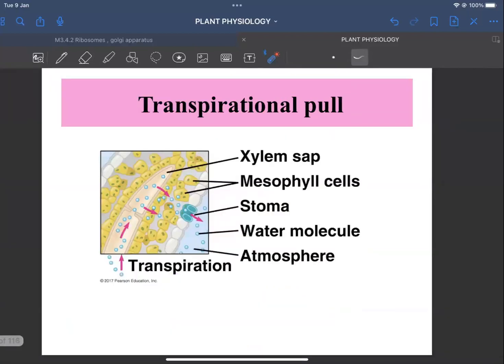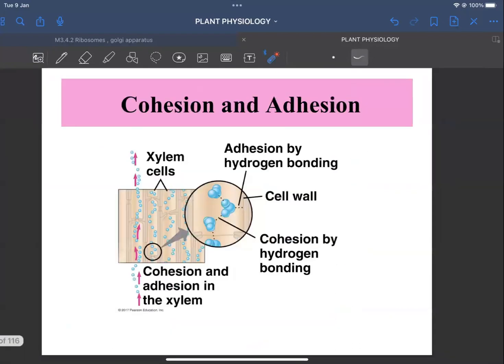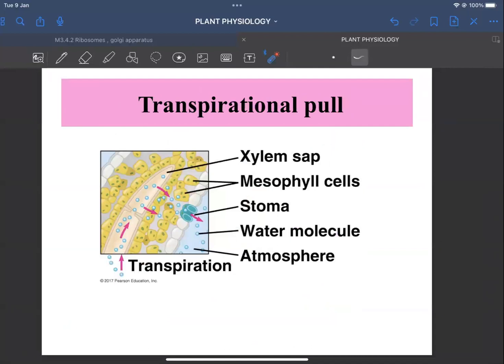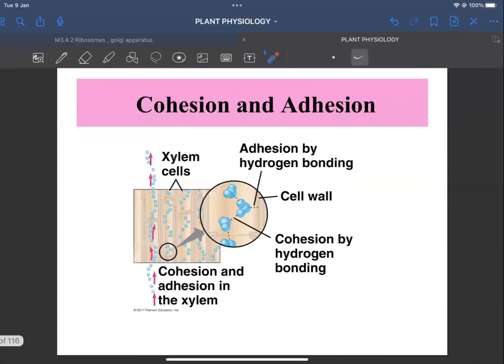All right, so the transpirational pull, the one that I mentioned just now: the water molecules that reach the end of the xylem sap diffuse out into the mesophyll cells, are released through the opening of the stomata, and finally released into the atmosphere.